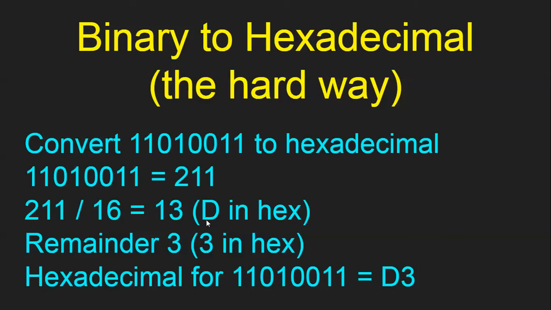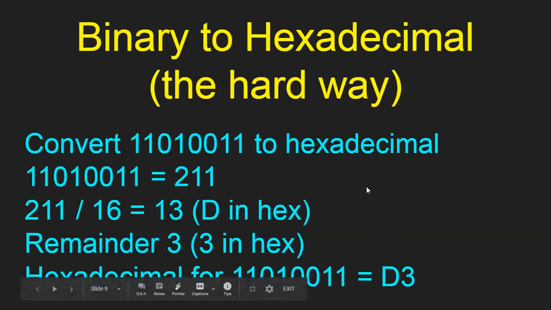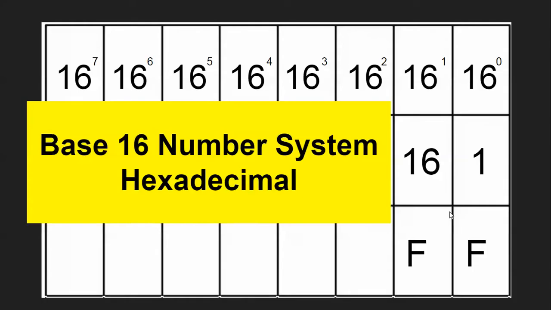So the remainder is 3, which we know is just 3 in hexadecimal. So 16 times 13 gives you the first part, and then 1 times 3 gives you the other part. You add that together, and so D3 is the hexadecimal version of this bit string right here. And I think at this point, I'm just going to take you back to this really quick.